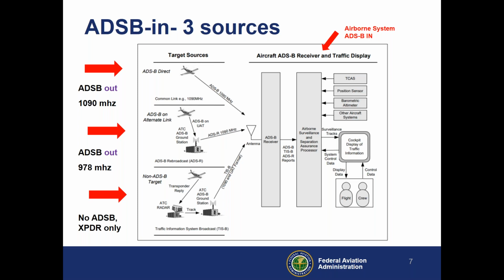So the point of the slide is the rebroadcast. If you have a unit under test and it picks that up, it's also going to be rebroadcast, and aircraft with ADSB In are going to see that traffic.